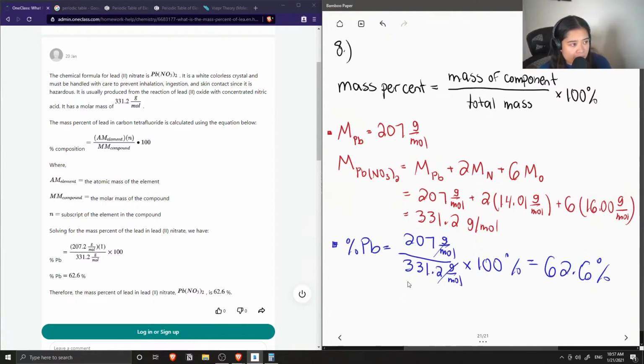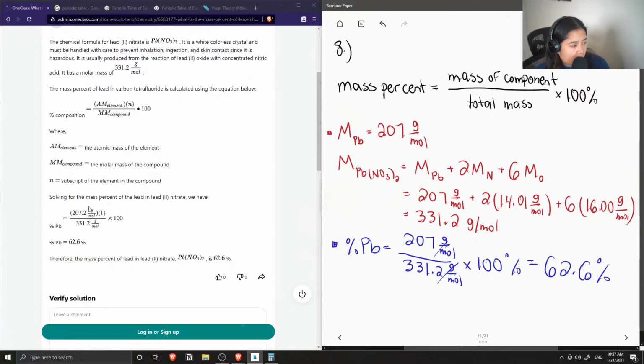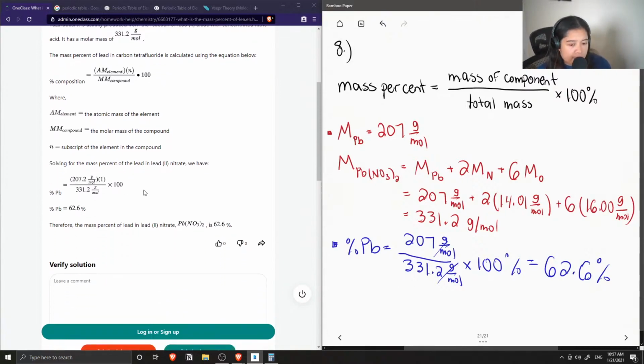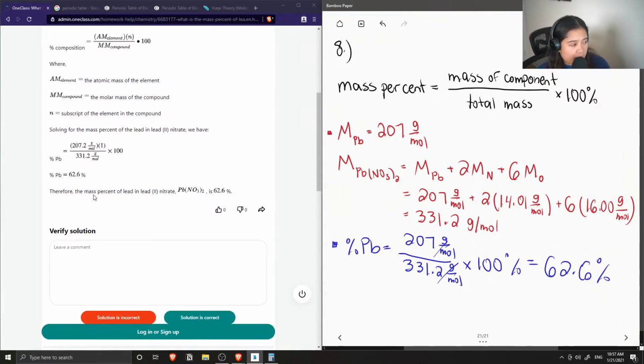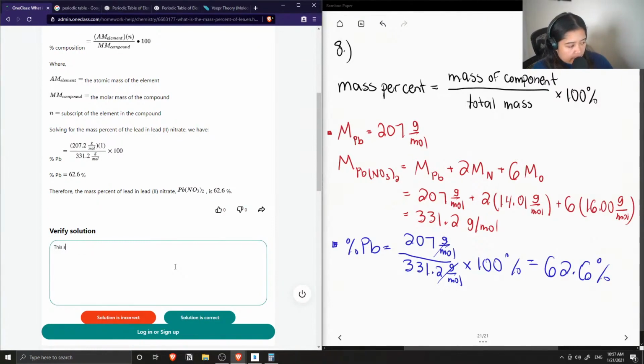So we'd have to multiply 16 times 6. Then solving for the mass percent of lead in lead nitrate, we have 207.2 grams per mole times 1 divided by 331.2 grams per mole times 100 gives you 62.6%. Okay, so this solution is correct. Great answer.